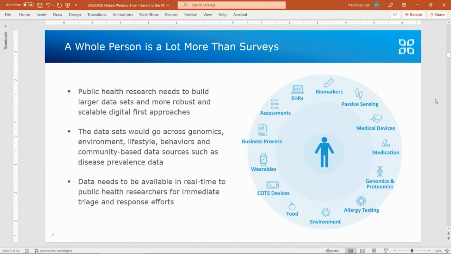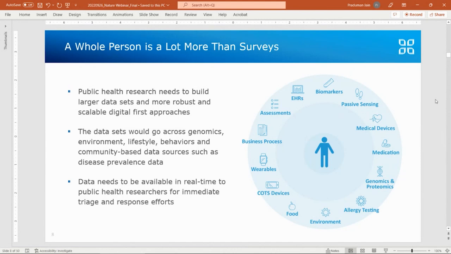Infectious disease research has primarily relied on survey methods, and they have been very effective, but public health research now needs to build larger data sets that go beyond just surveys. And my colleagues today are going to be talking about that.